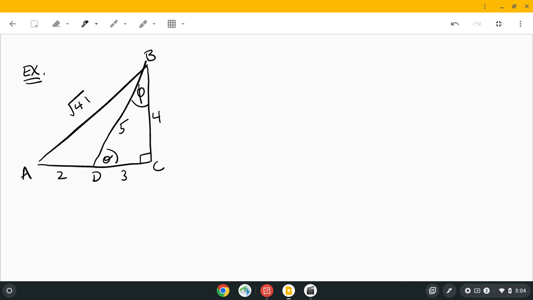Anyway, this angle is phi. So this one is the Greek letter theta, and this one over here, which almost looks like the null set, is phi.